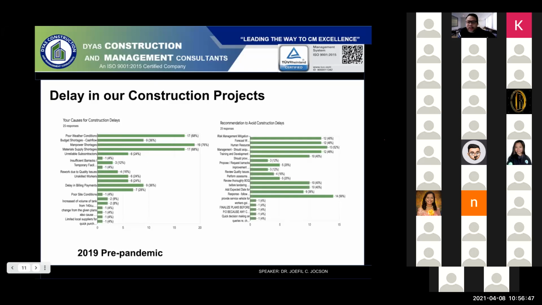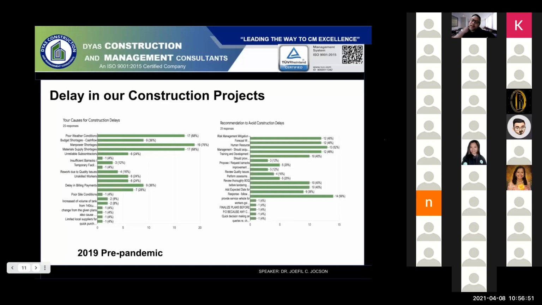Pero dun sa weather condition, wag nating sisihin si weather condition kasi actually hindi yan dapat masabi na delay, part of the delay kasi ang haba ng duration na ibinigay sa inyo, no? You have a 6 months construction schedule. Actually, ang paggawa ng bahay na yan, maliit lang bahay na yan. In 4 to 5 months, tapos mo na yan.